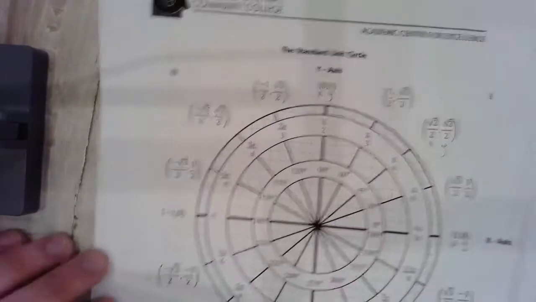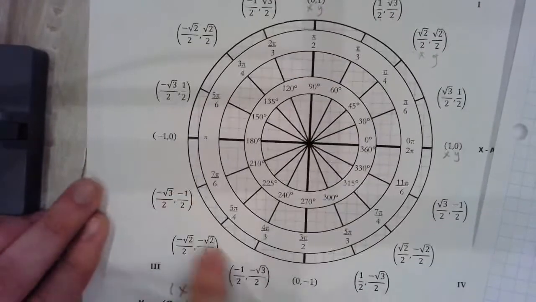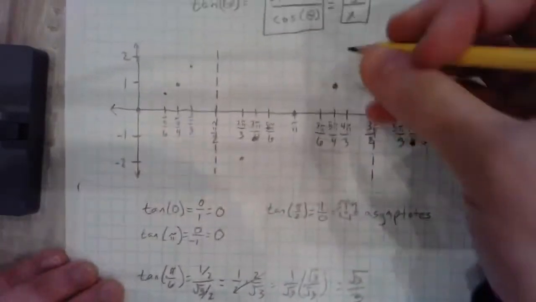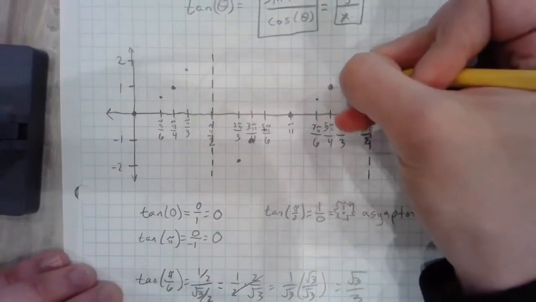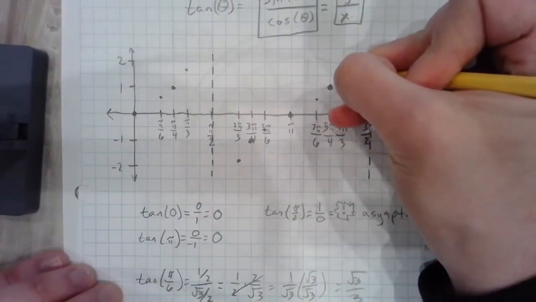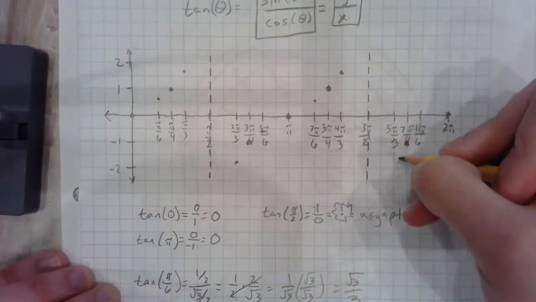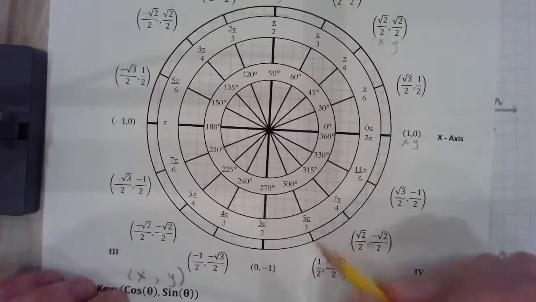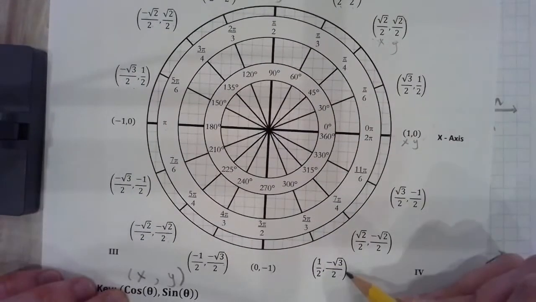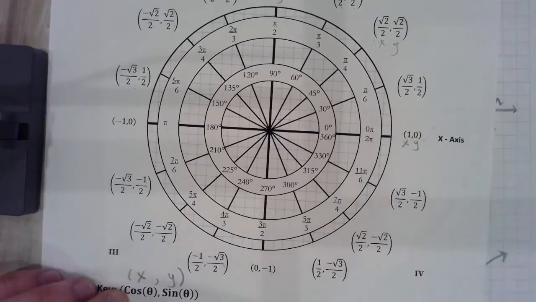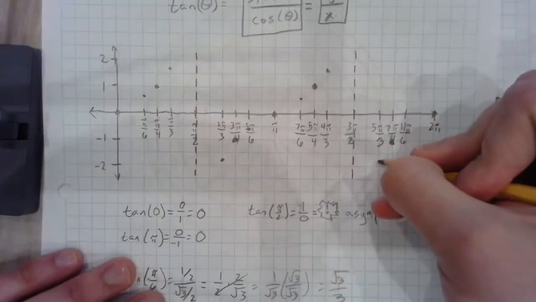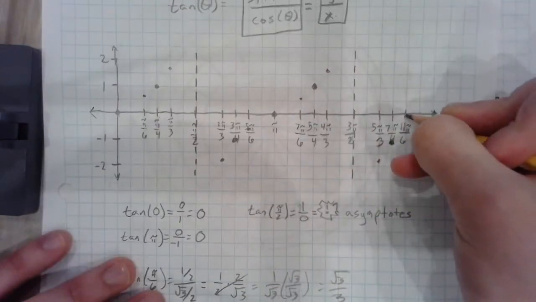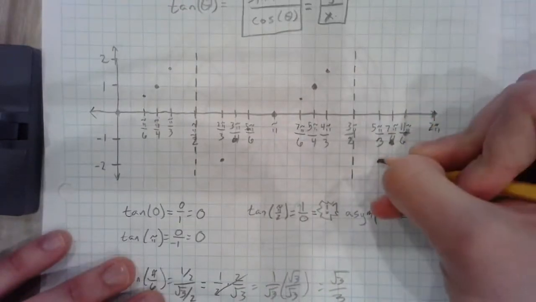Then 7 pi over 6. So now this time all three of them are negative, which means they're all going to become positive again. So that will again become that, and that will again become that. And then finally, 5 pi over 3 is, again, one of them is negative and one is positive, so they'll be negative just like those two. So 5 pi over 3 will be down here, and 11 pi over 6 will be right there.